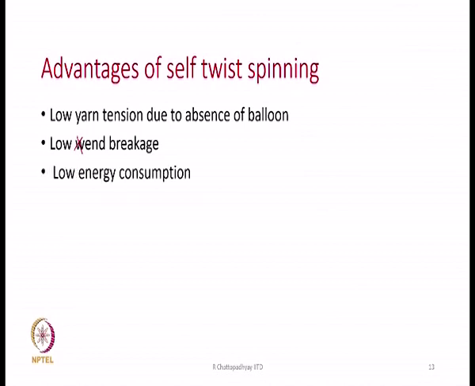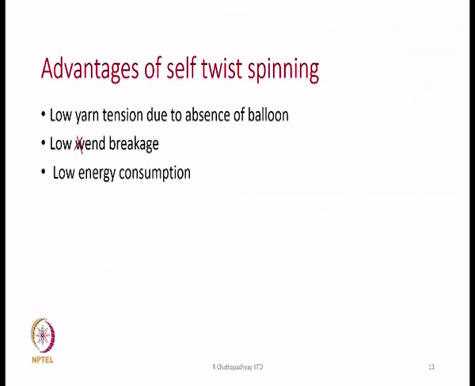Low energy consumption, because the balloon is not there, the big spindles are not there. So, if we can reduce heavy rotating parts, the energy consumption will obviously reduce, and there is no pneumatic, there is no pump or no suction, no blower.